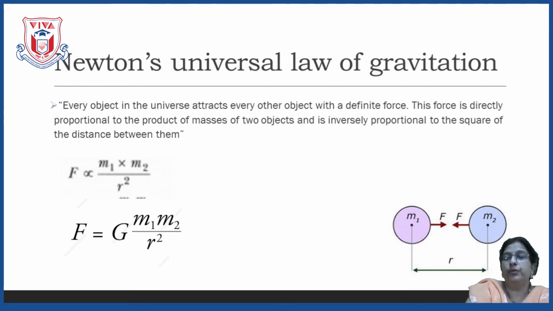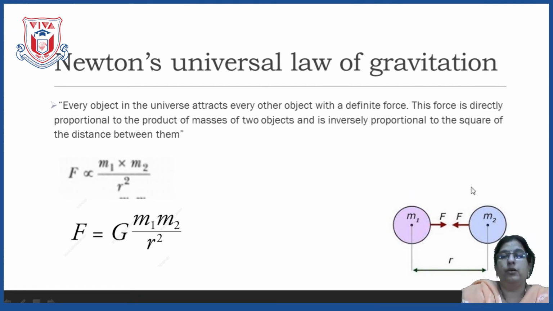Now, the force exerted by both the objects is directly proportional to the product of the masses. Suppose instead of these two small objects, big objects are placed here. As the size of the object increases, will the force increase? Yes, the force in between both the objects will increase.